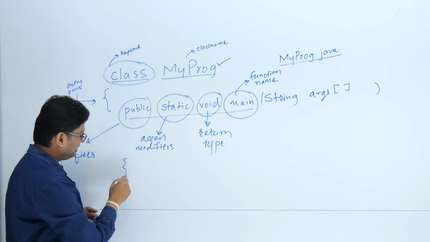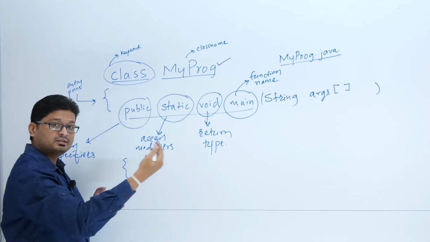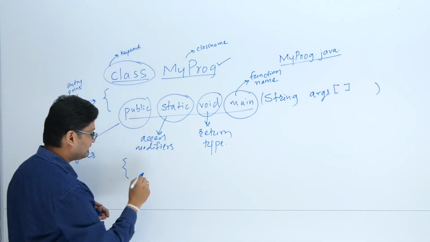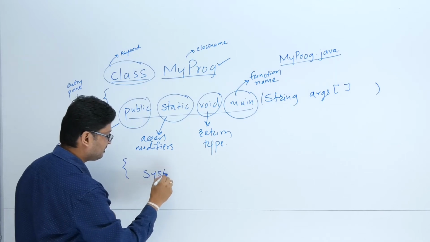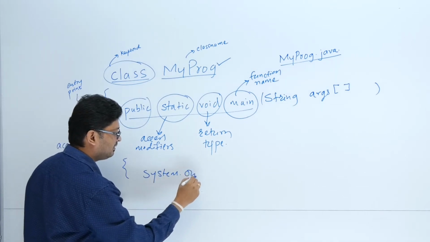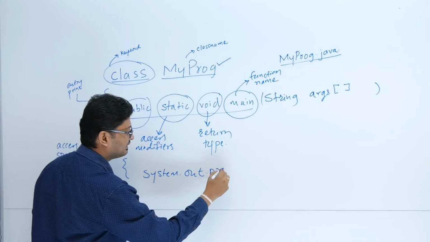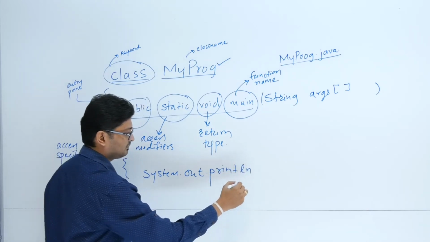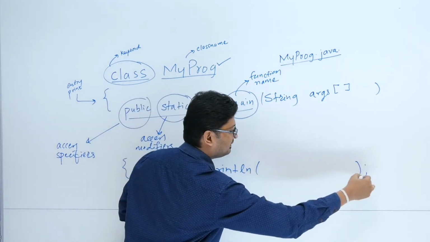So I will be writing the code which will print the message onto the screen. The basic syntax is System dot out dot println and the message in it.